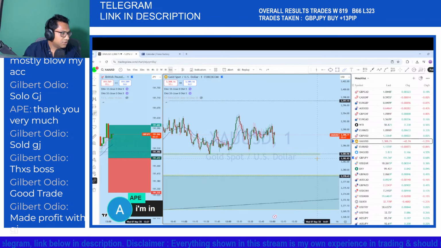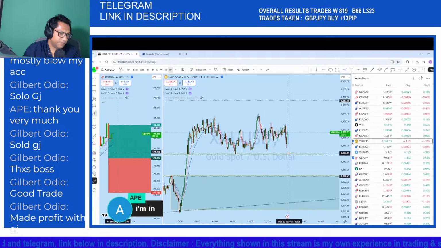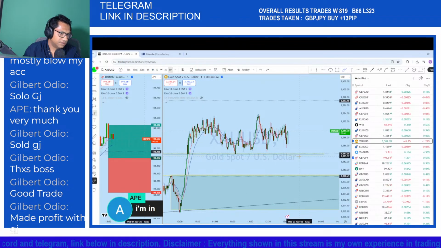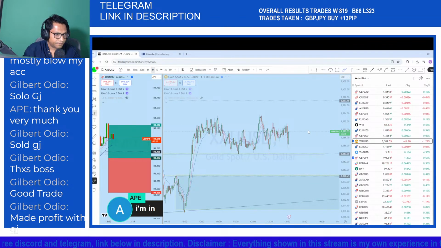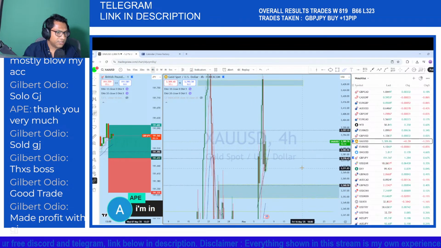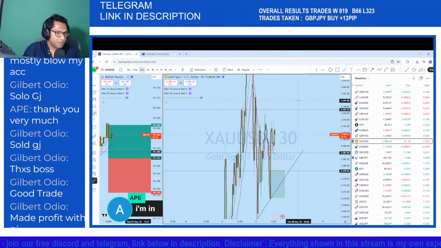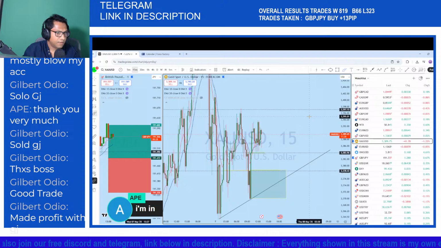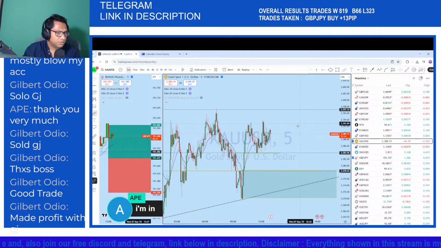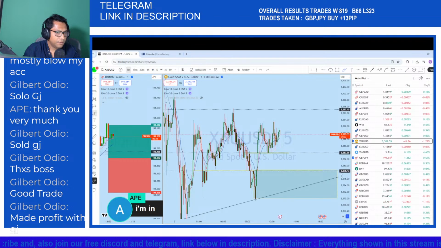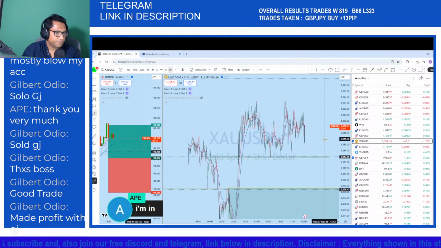Now for us to enter on gold, we would like to see that the major level is broken, especially this support. On the 4 hour, we can see this is the 4 hour candle, and in that zone there is a long wick. 5 minute, 1 minute chart here as well.